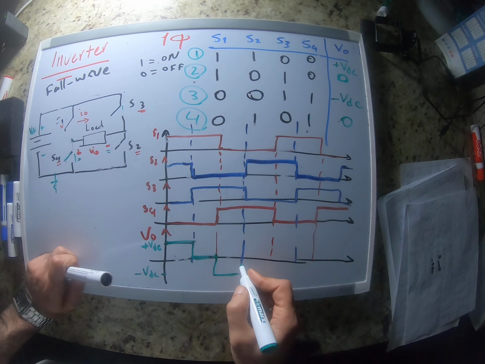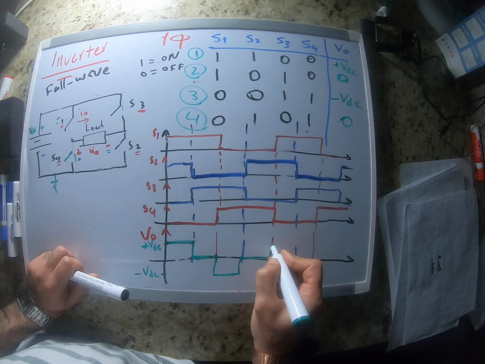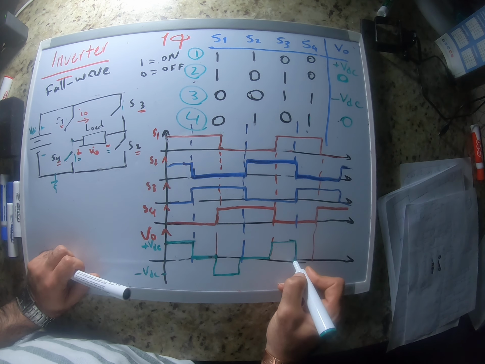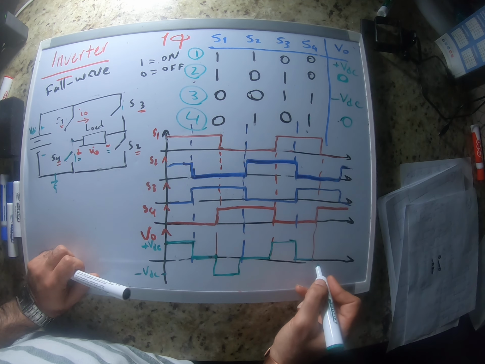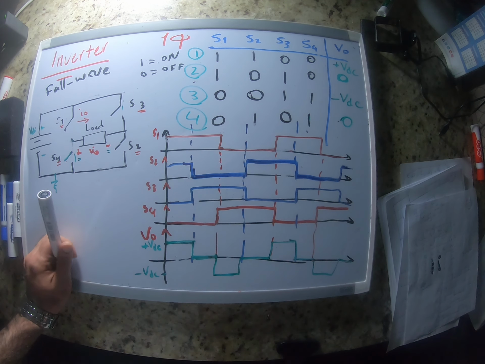So this goes back to 0. Again, S1, S2, we have positive VDC. S1, S3, we have 0. This would continue: it goes to negative, then goes to 0, and this continues.